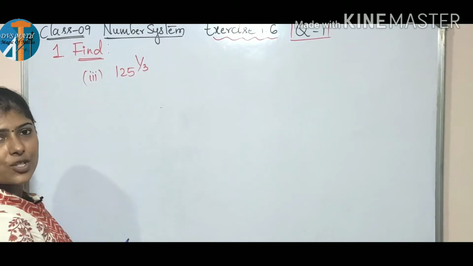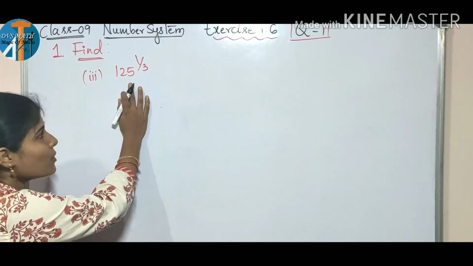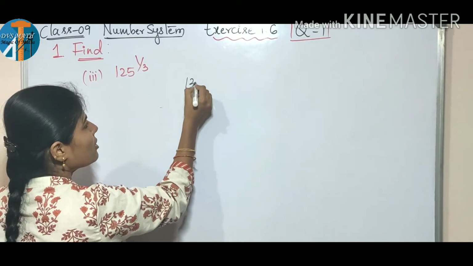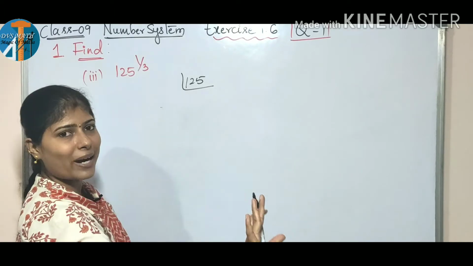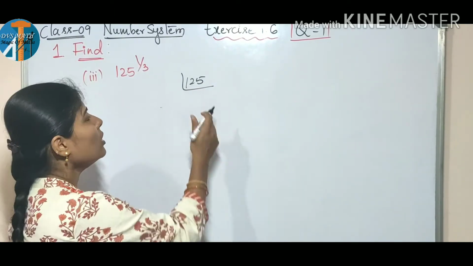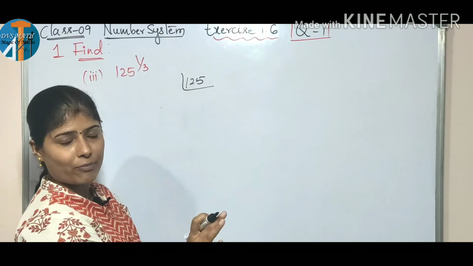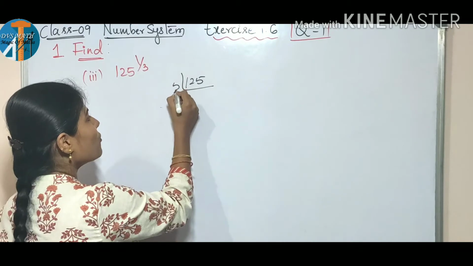Now sub question 3. So now what is the base here? 125. If we express 125 in terms of factors, remember it is not divisible by 2, because, as you learnt in 8th standard, the divisibility rule: the number ends with 5. So you can find the factors in terms of 5 now.